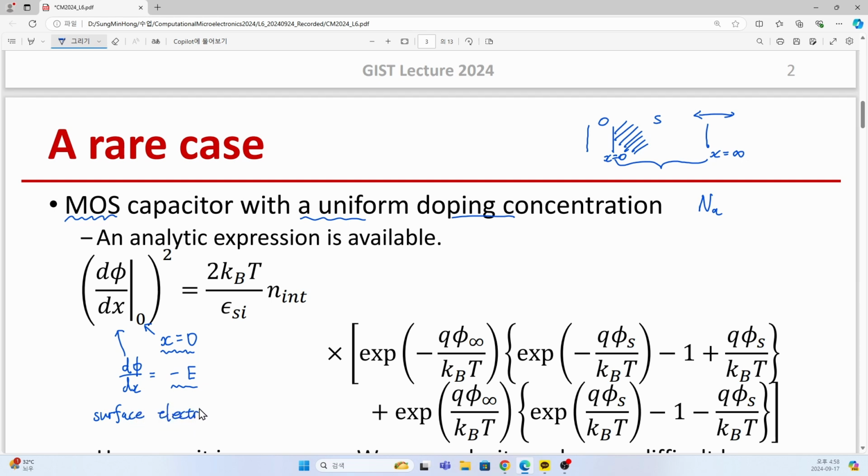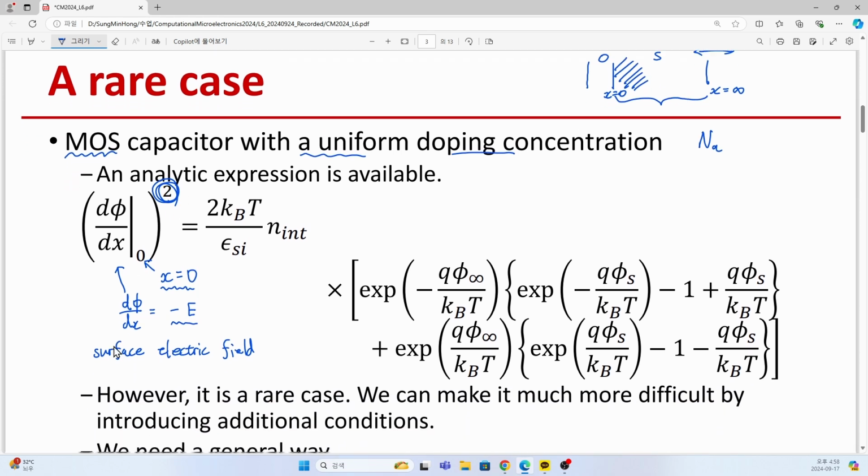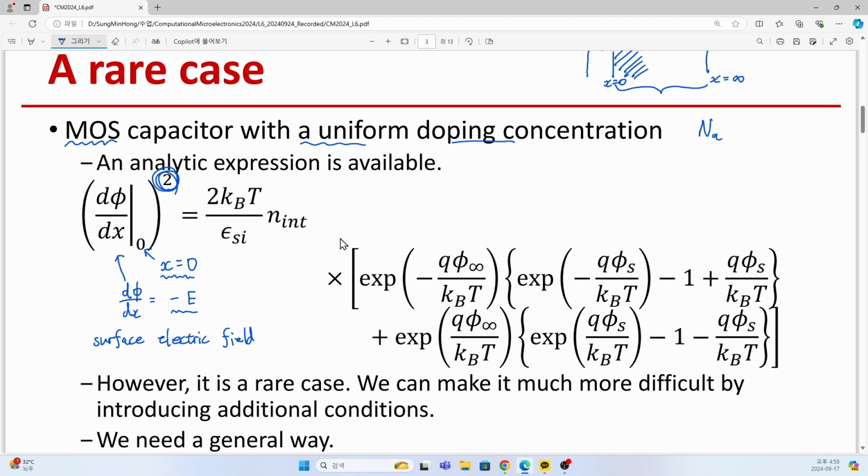So the square of the surface electric field is well expressed by certain quantities already known to us. For example, universal constants, the given temperature, material-dependent constants, and at a given temperature we know the intrinsic carrier density. Also, depending on doping concentration, we know the potential at the substrate.